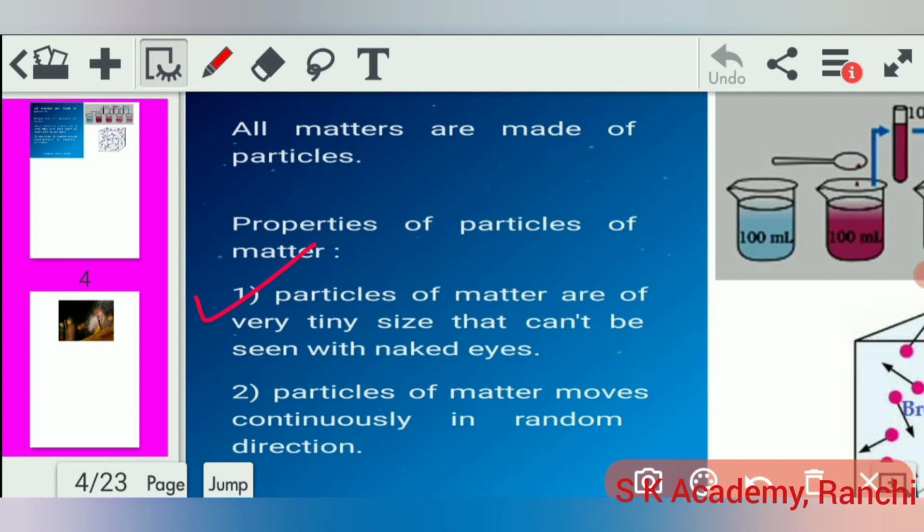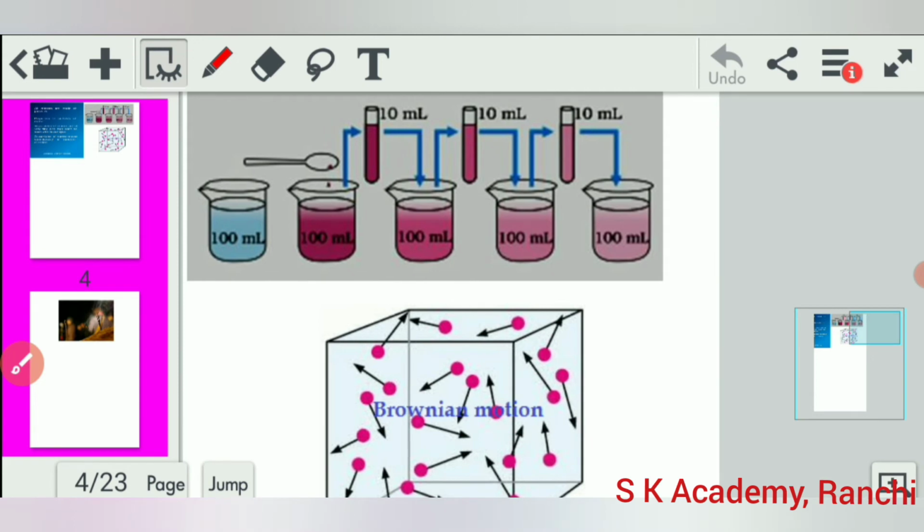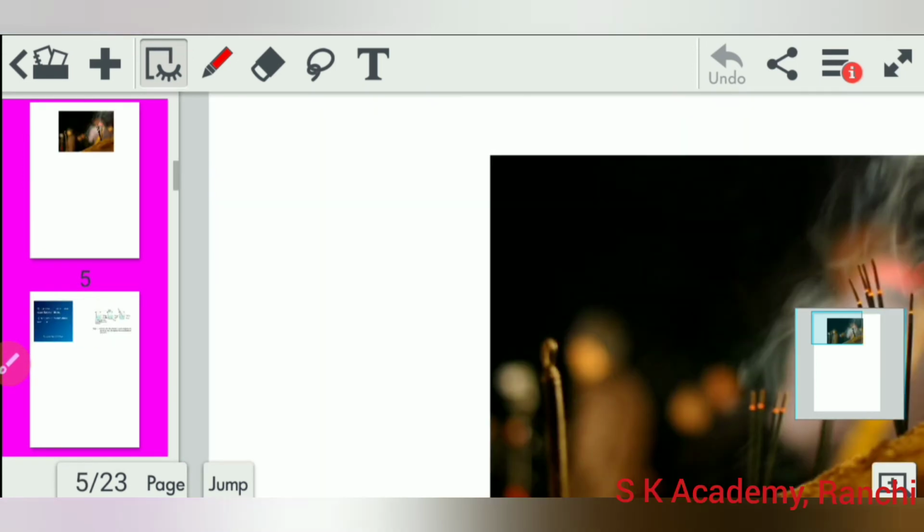They are so tiny that they can't be seen with the naked eyes. How can we say that particles of matter are of very tiny size? How can we say that? Let us take this. We have an example.